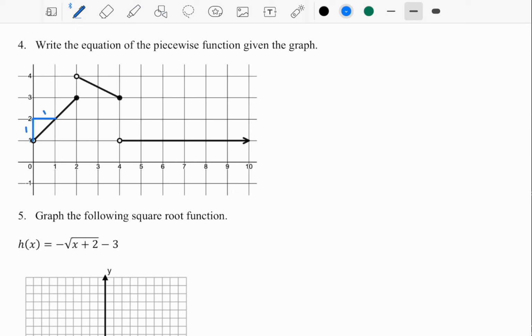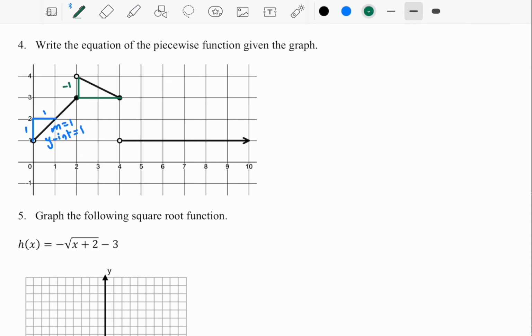We got 1 and 1, so the slope is 1. The y-intercept is also 1. Even though it doesn't get there, because of the open circle, it is the location that the graph is approaching.